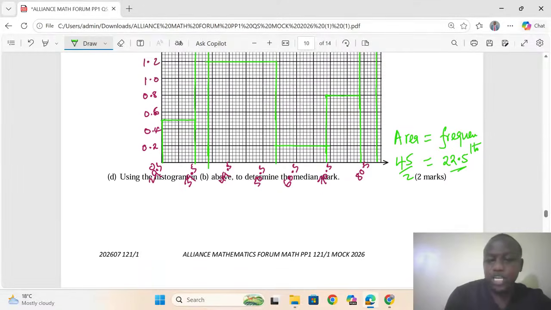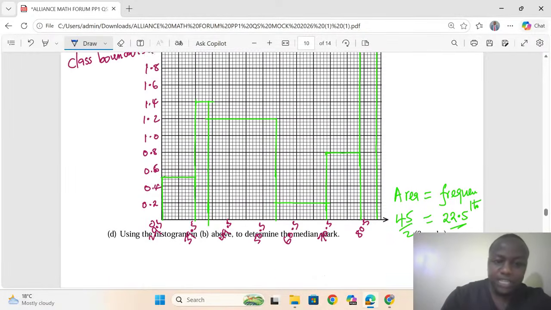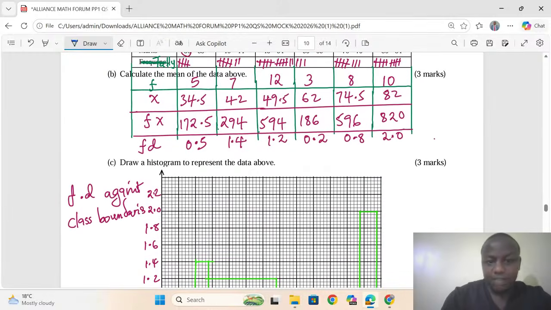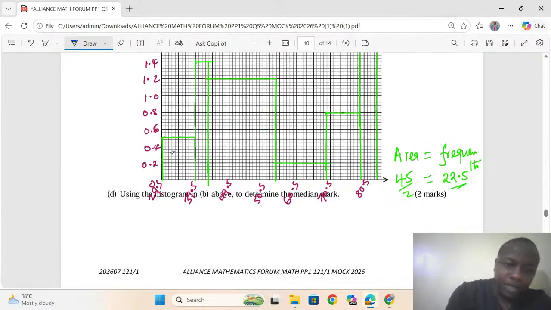So we want to check area until we accommodate an area equal to 22.5. The heights are fixed. At this point, we can talk about the first area, which is 5, and the next one, which is 7. 5, because we are taking 0.5 times the width of 10.